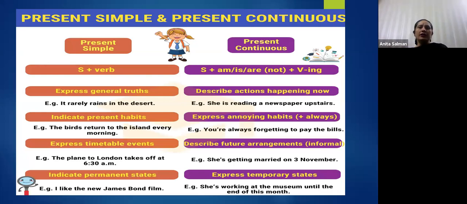Whereas you express annoying habits in present continuous tense. You express your annoying habits in which tense? Present continuous tense. Like, you're always forgetting to pay the bills.